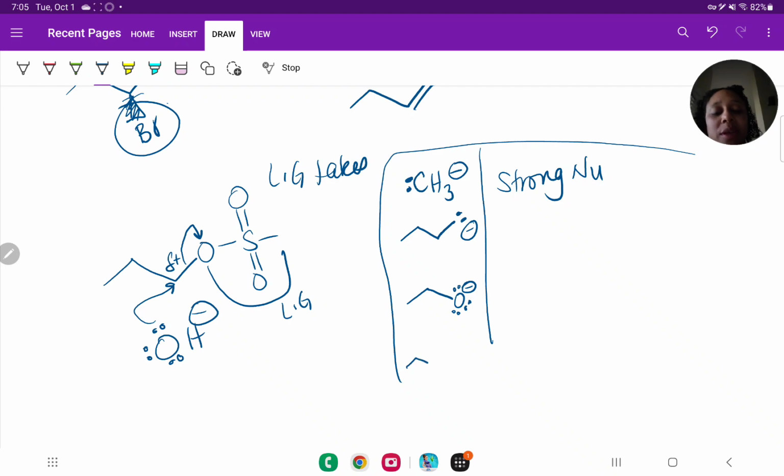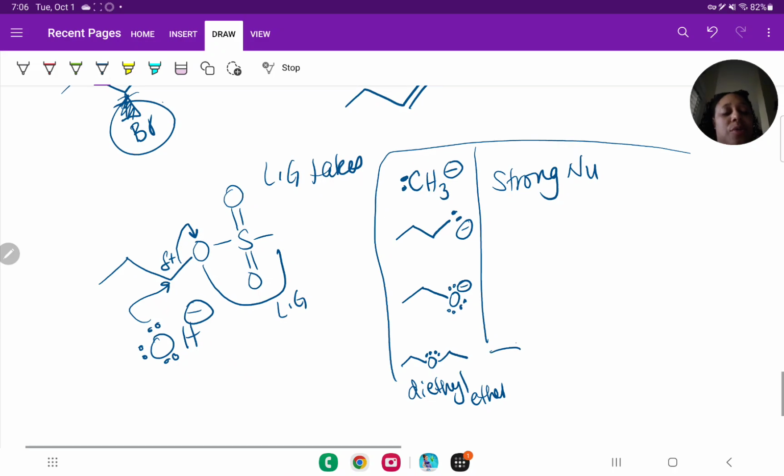But if I had something like this, this is diethyl ether, and diethyl ether has no charge on it, so it's already neutral. Since it already has this octet, it would prefer not to lose any of those electrons to become positive, so this is going to be a poor nucleophile. So the rate of the reaction is going to improve if I have a stronger or better nucleophile.